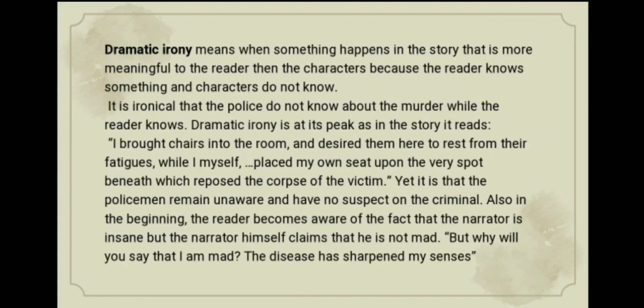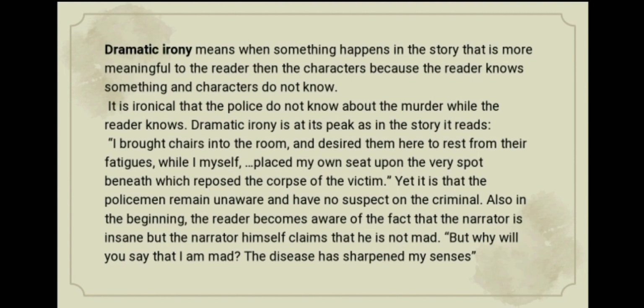The next type of irony that is used is dramatic irony, which means when something happens in the story that is more meaningful to the reader than the character because the reader knows something and the characters do not. It is ironical that the police do not know about the murder while the reader knows.